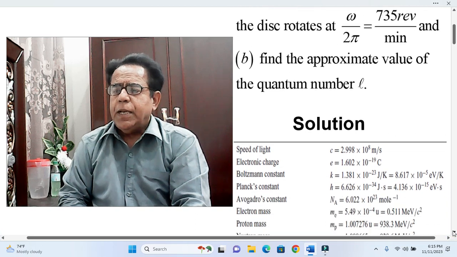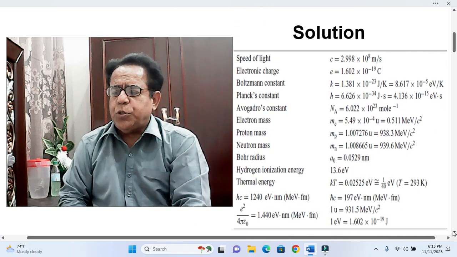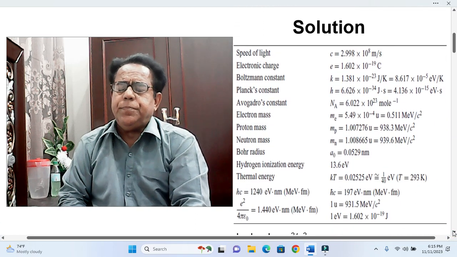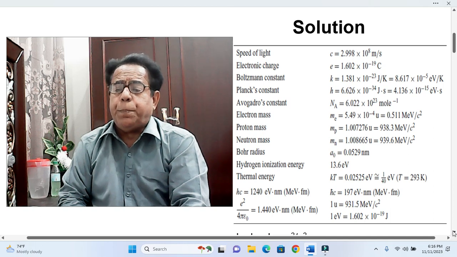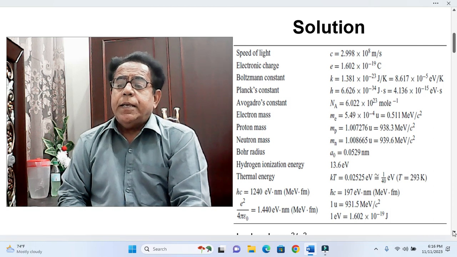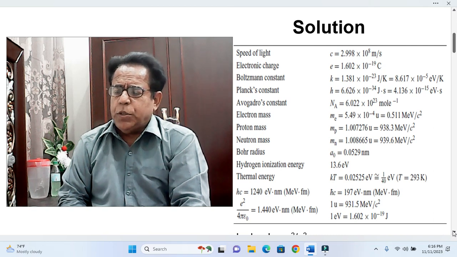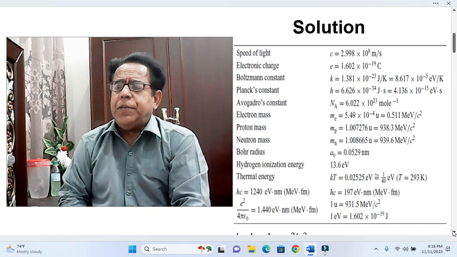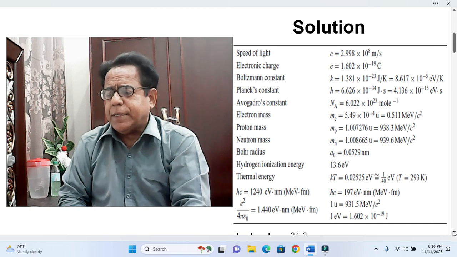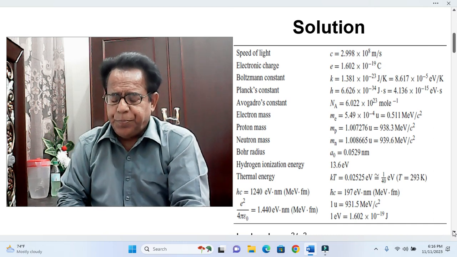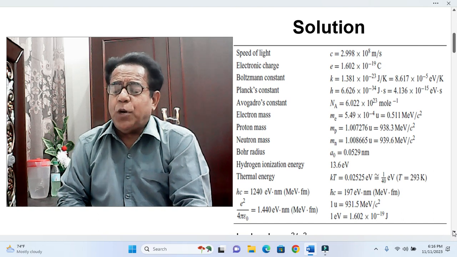Now we move to its solution, but before starting our solution in a proper manner, we include some snapshots which will provide a foundation for our solution.